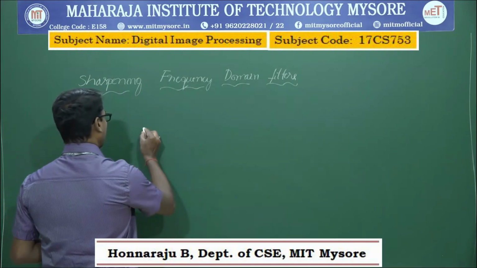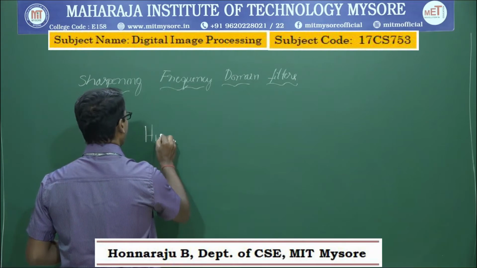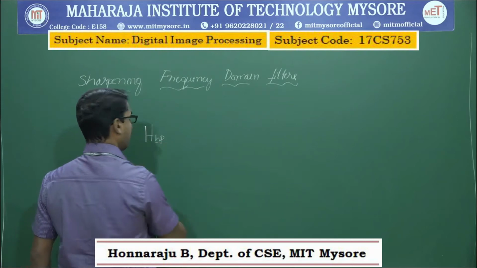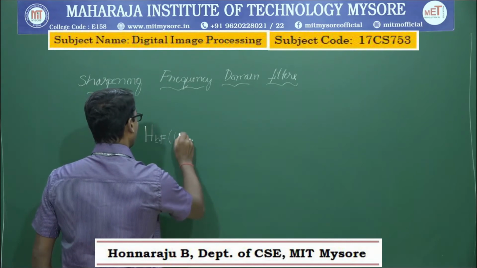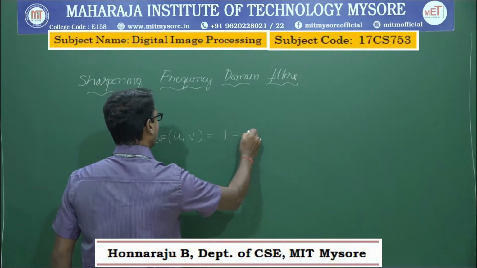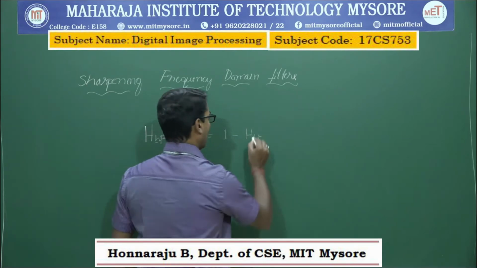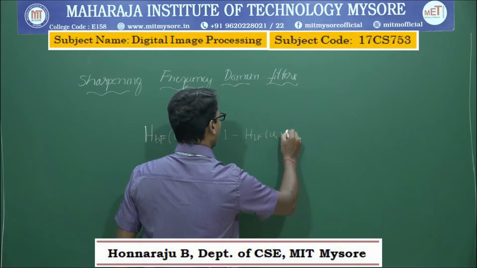Sharpening in the frequency domain is represented by the ideal high pass filter, HHP. The high pass filter H_HP(u,v) is equal to 1 minus H_LP(u,v), where H_LP stands for the low pass filter of u,v.